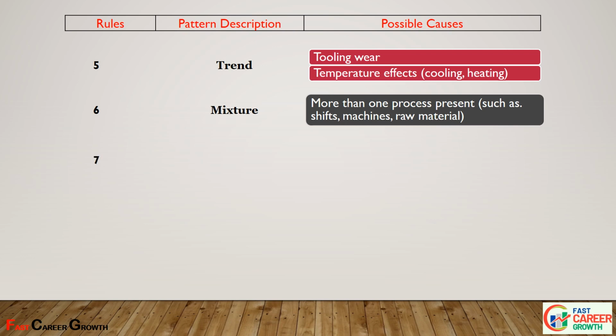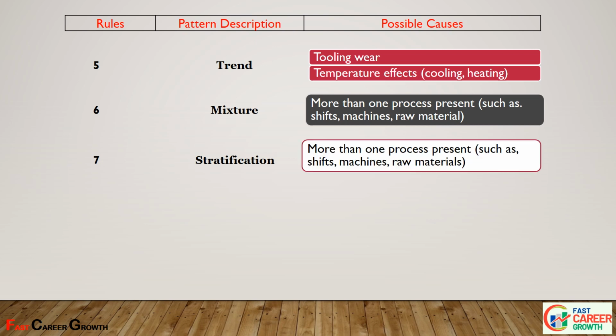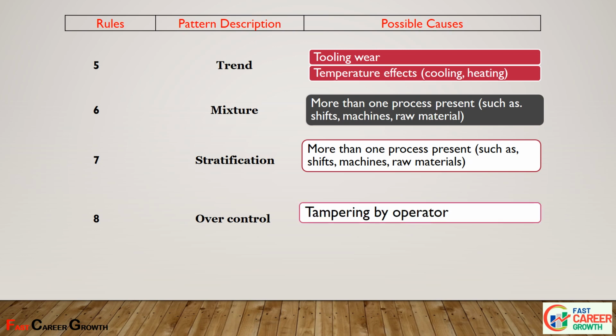Rule 7 describes stratification, and the possible causes are: more than one process present, such as shifts, machines, raw materials. Rule 8 describes over control of process, and the possible causes are: tampering by operator, alternating raw materials.